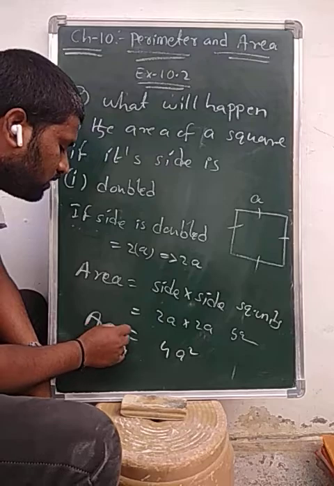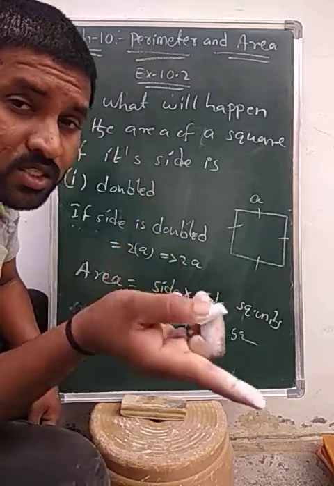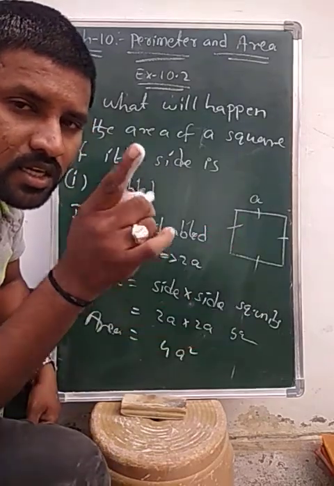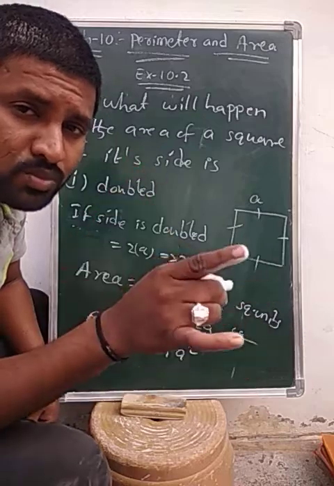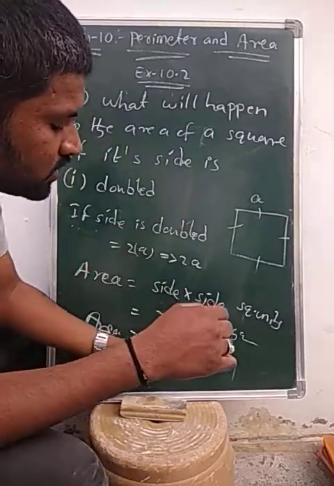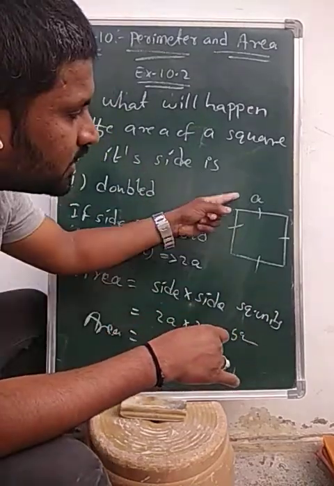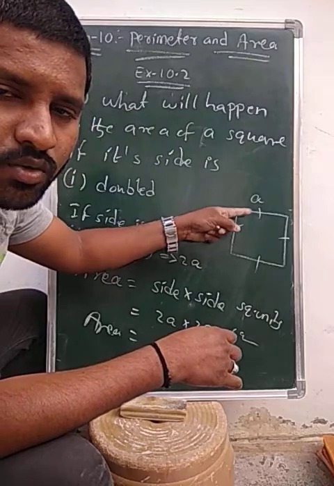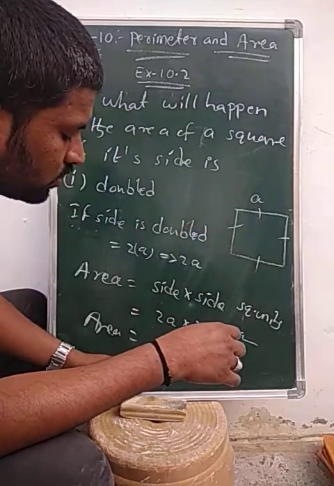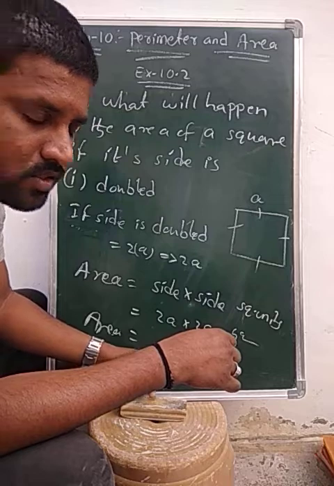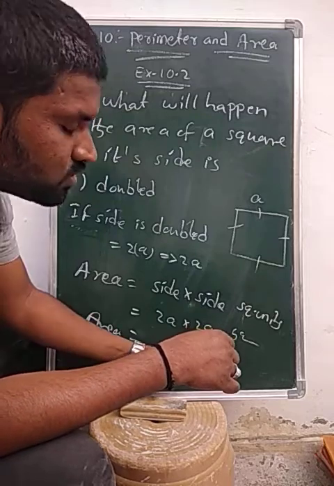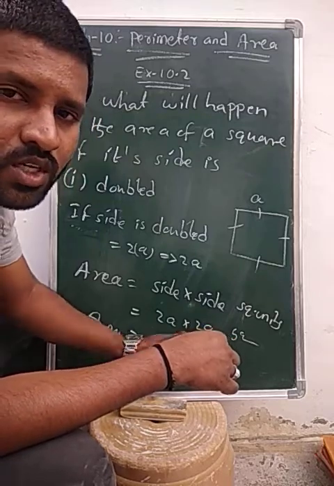So when the side of a square is doubled, its area is equal to 4 times its original area. 4A square means, actually side A, its area is A into A, A square. So here we got 4A square. That's why 4 into A square means 4 times its original area.